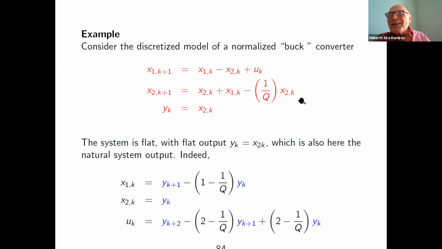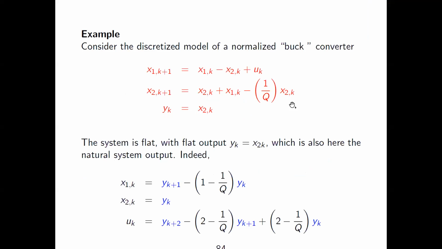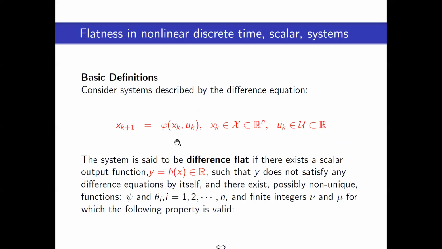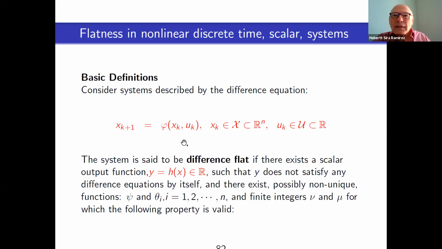Okay, you raised your hand. Yeah, so I do have a question here. In the first slide on flatness, y is a function of x. But in the second slide, u is also a function of y. So in your parameterization, is y a function of both x and u, or just a function of x? It might be, but in the definition we're advocating at this moment, it is only a function of x.